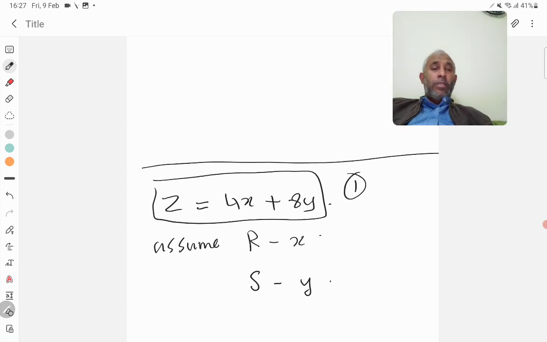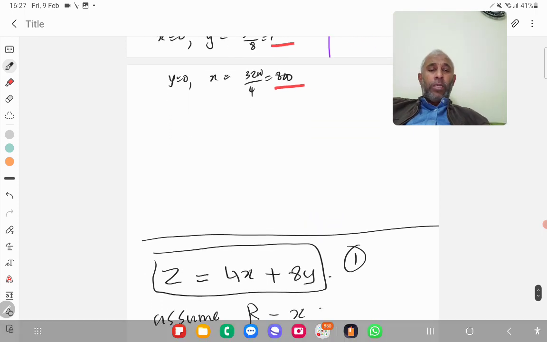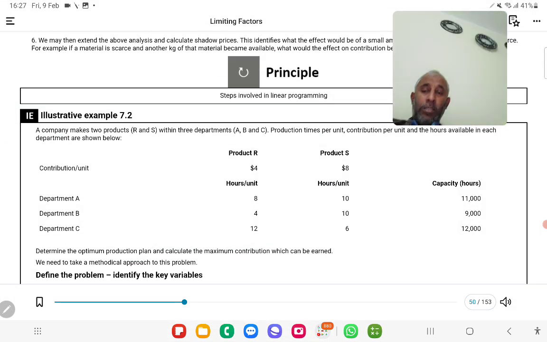After knowing this, we need to work out the constraints. We have three different constraints or limiting factors, related to departments A, B, and C. They have given the relationship: the needed hours per unit for department A are 8 hours for product R and 10 hours for product S, but the total available is 11,000.